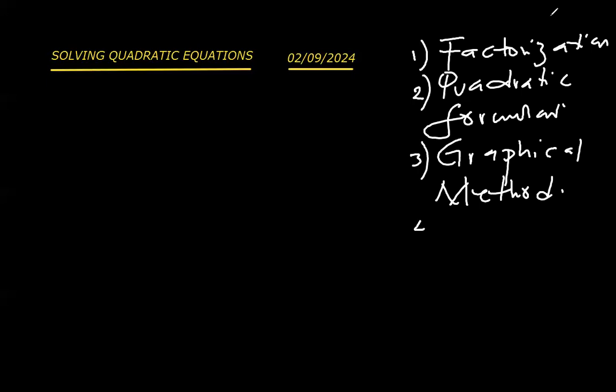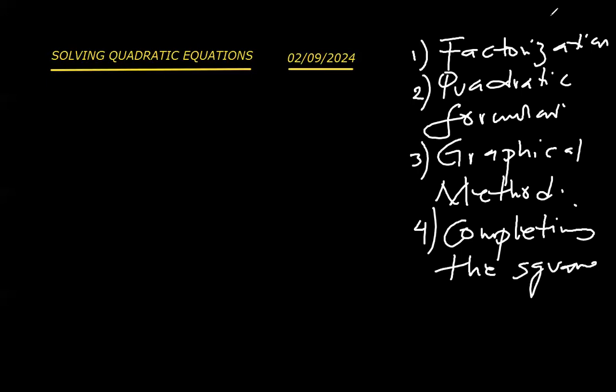And the last method is using the completing the square method. Okay, so those are the four approaches you can use in solving quadratic equations. So quickly, let me pick one question. You're going to cover solving quadratic equations using the factorization technique in this session.